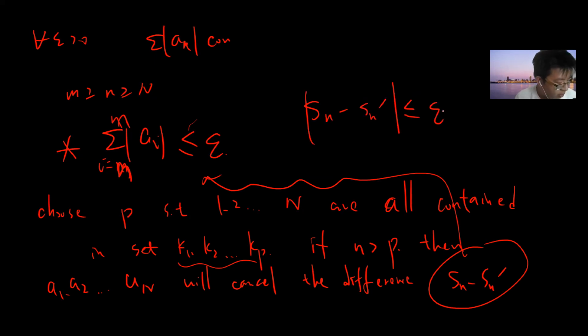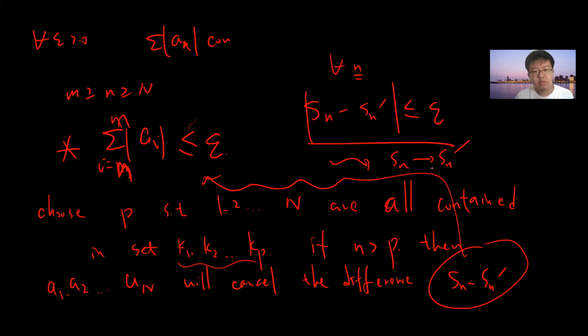So for large enough n, Sn approaches Sn prime. Okay, I think this is the proof. See you in the next video. Next video we start to talk about continuity.